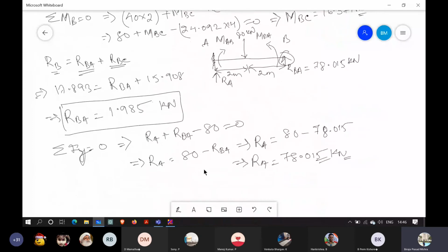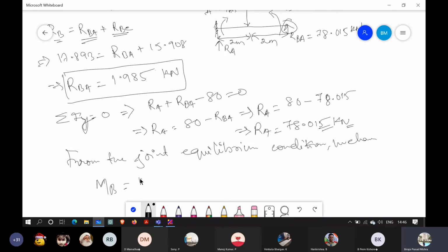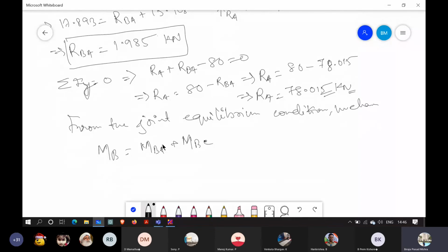So from the joint equilibrium condition, we have MB equals MBA plus MBC.